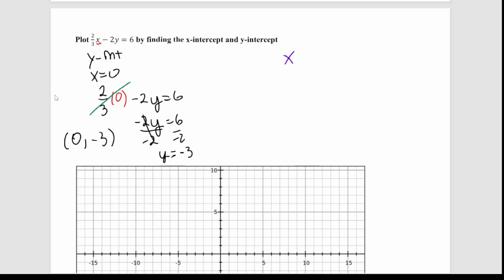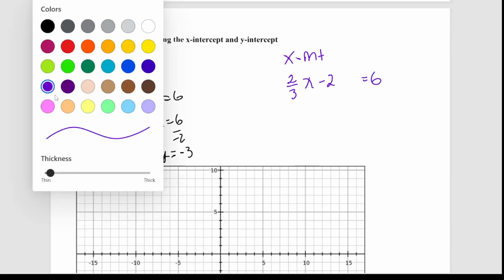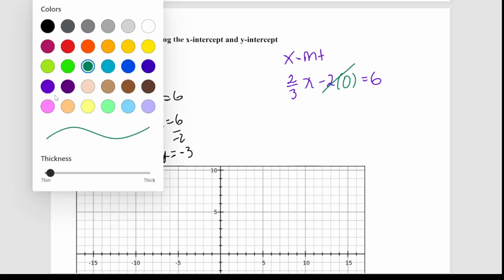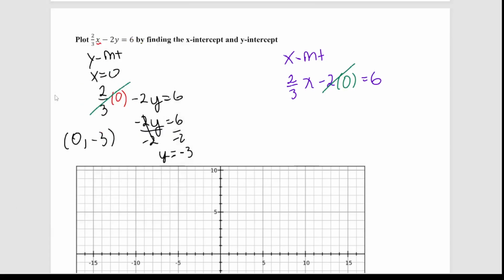Similarly, I can also find the x-intercept by rewriting the equation, but everywhere I see a y, plugging in 0. Anything times 0 is 0, so that's going to go ahead and cancel out to make 0. And then I would still be left with 2/3 x is equal to 6. I'm going to choose to do this with 2 different parts of inverse operations.